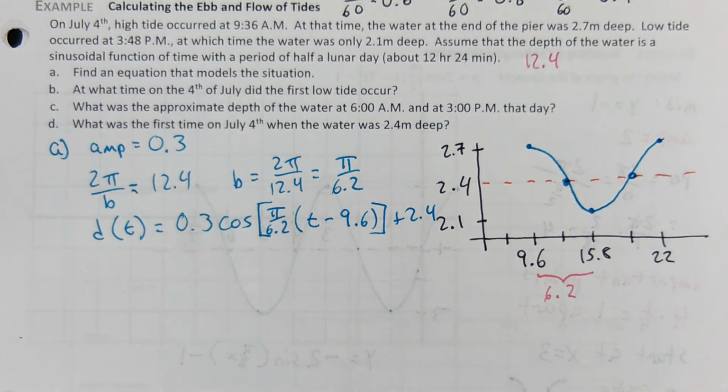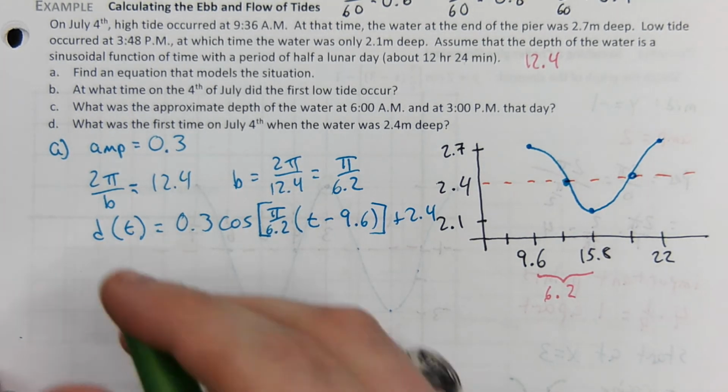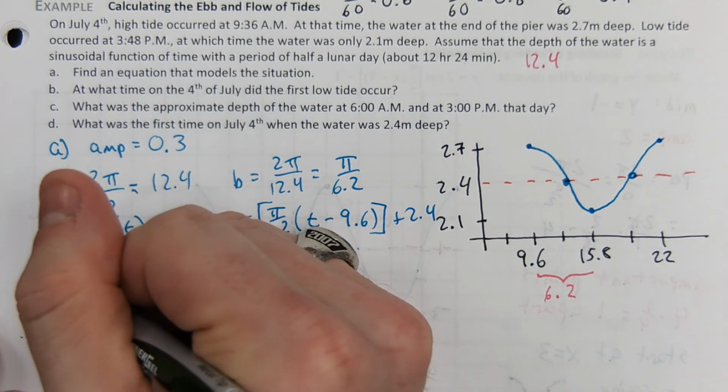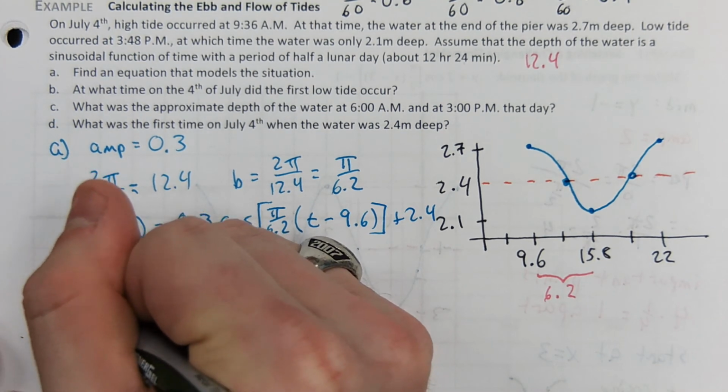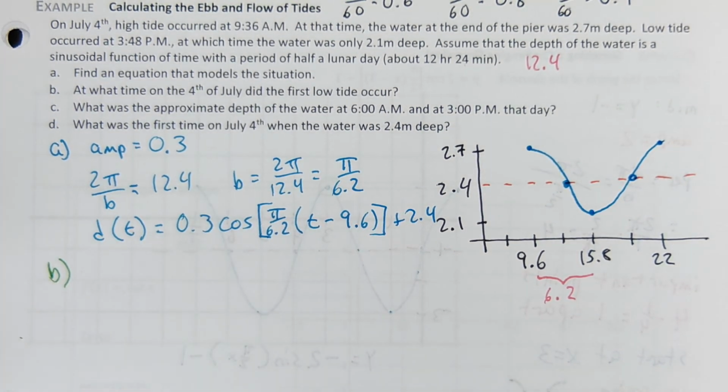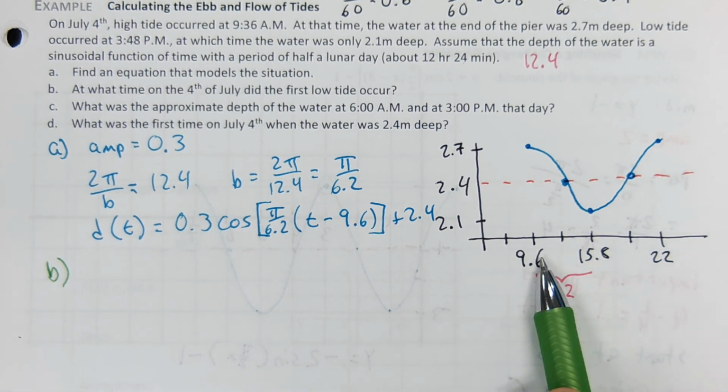Now part B. Part B says, at what time was the first low tide? You can't assume that 3:48 was the first low tide. So how could we find the first low tide? You guys said pretty much the same thing, you just said it in different ways. Which one of you said half a period behind 9.6?